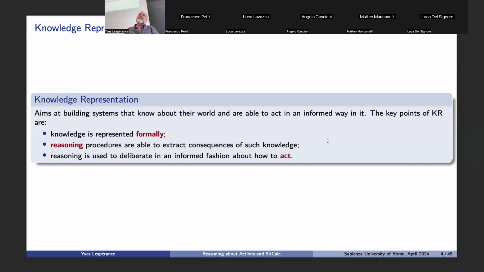If the answer is yes, or if it can extract a particular action or action sequence, then the agent can choose to do that. So reasoning can be used to deliberate, to think about how to act in a way that will achieve the agent's objective.